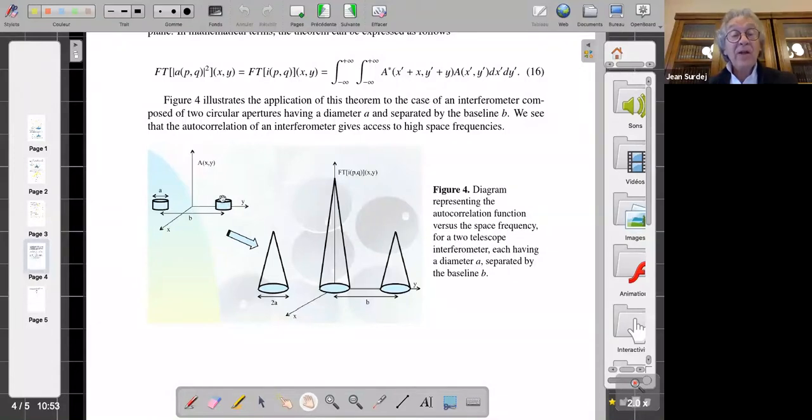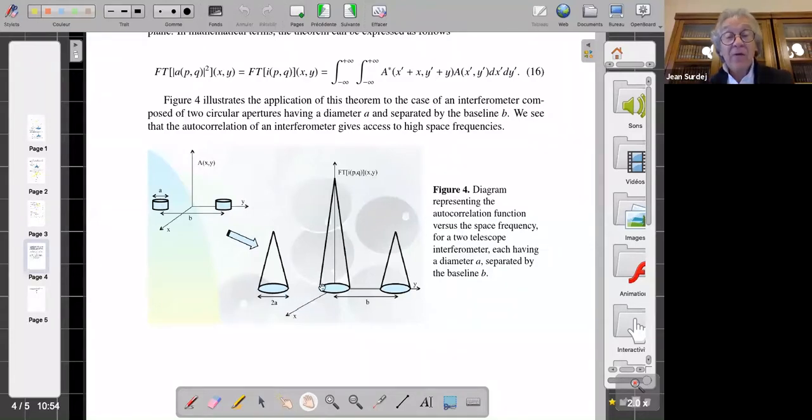And of course, when one comes on top of the other, you will get this central peak. When this one goes on top of the left one, on each side at half the baseline, you'll get these half-height cones, and this gives you a good idea of how well you cover the UV space.